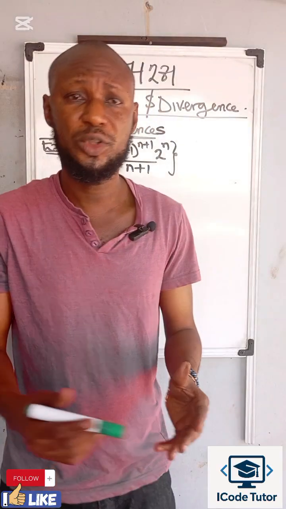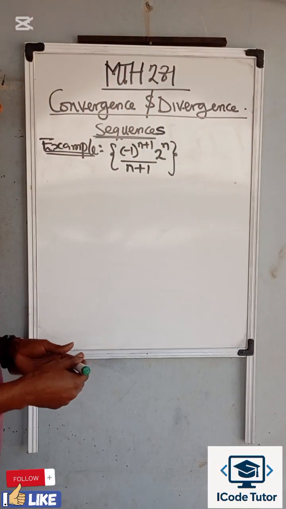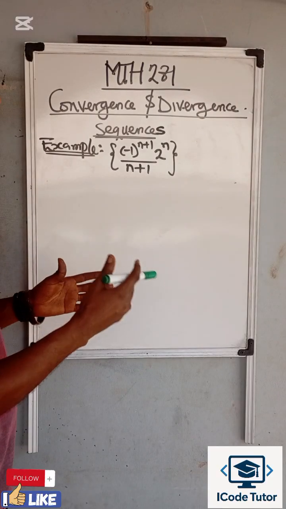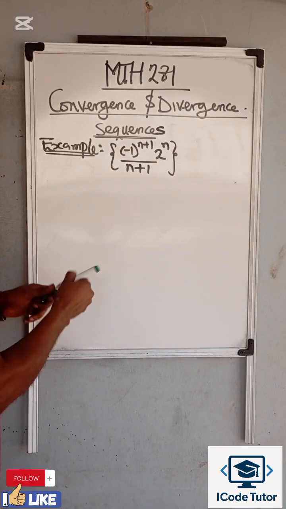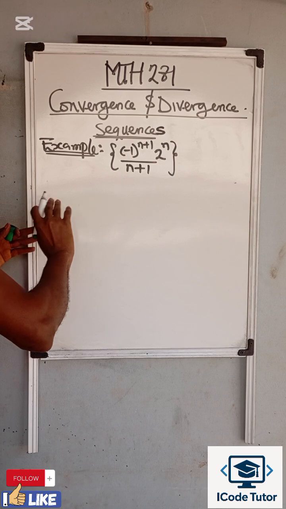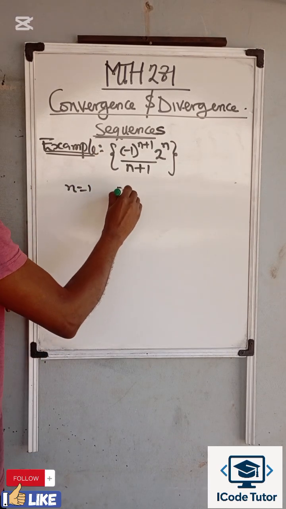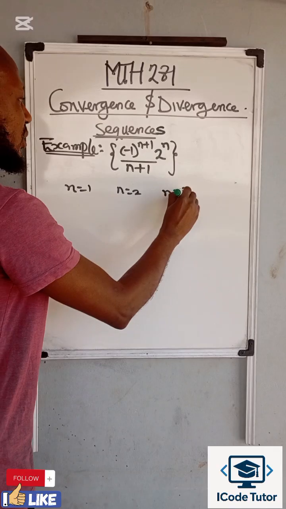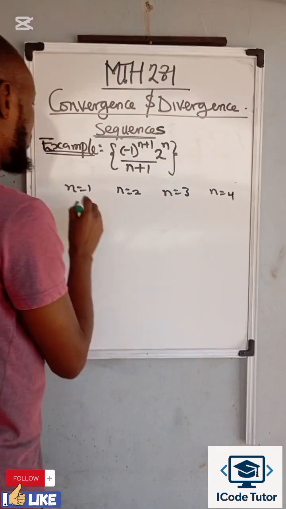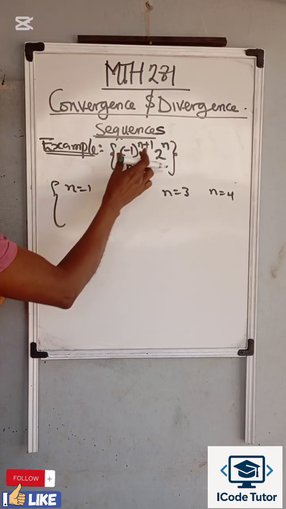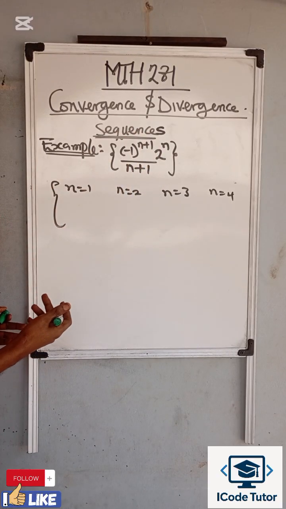Now let's look at the solution to this particular sequence. What we need to do is find the terms for each value of n. Let's represent those as n equals 1, n equals 2, n equals 3, n equals 4, and substitute the value of n into the sequence.